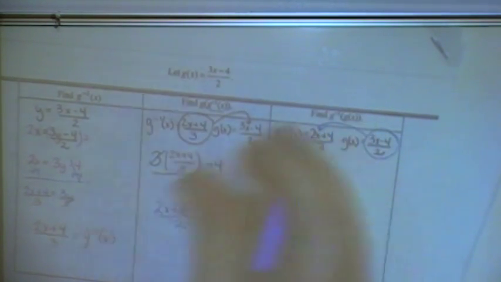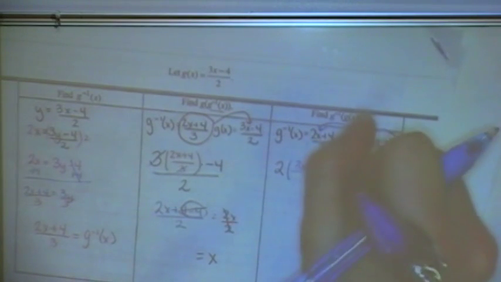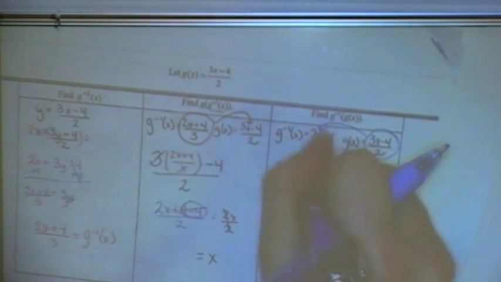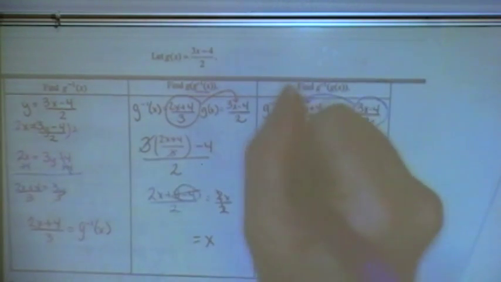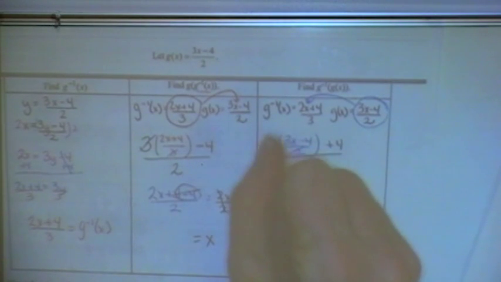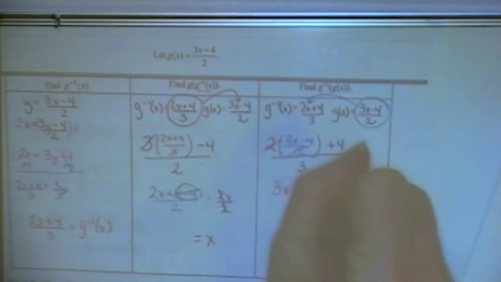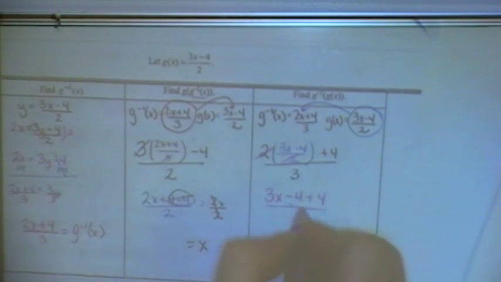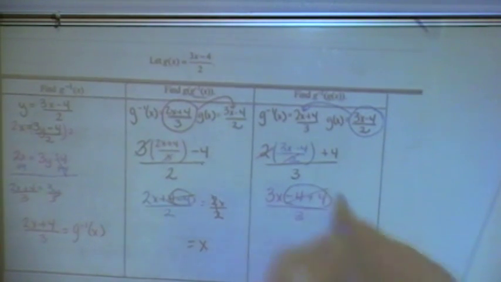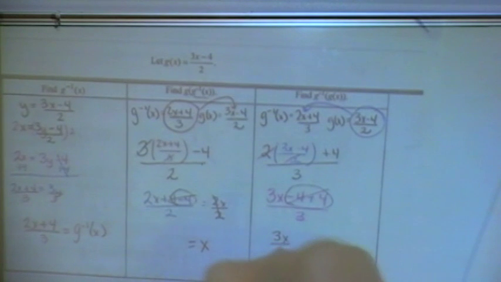Plugging in. This time my 2's cancel. x minus 4 plus 4 over 3. Minus 4 plus 4 cancels. 3x over 3. And you're left with just x.